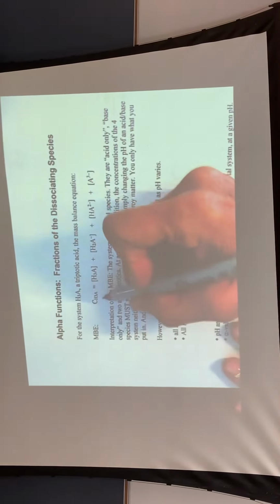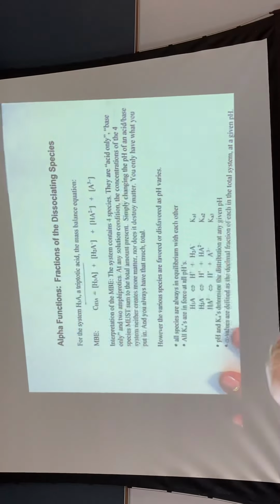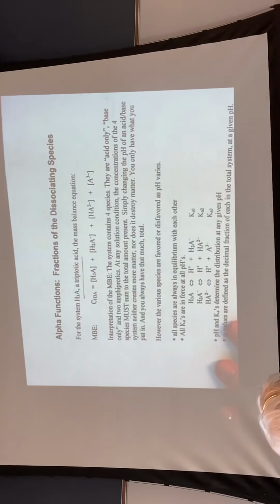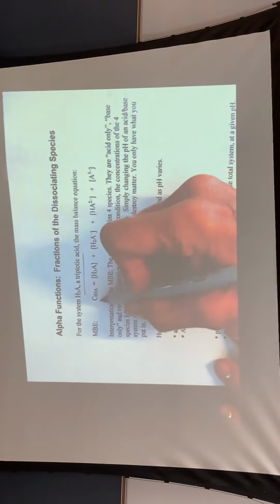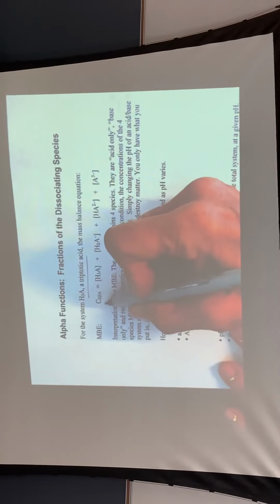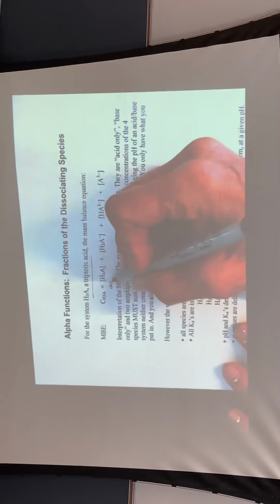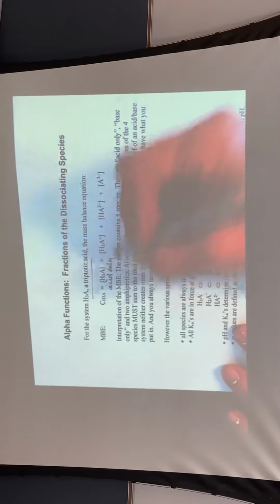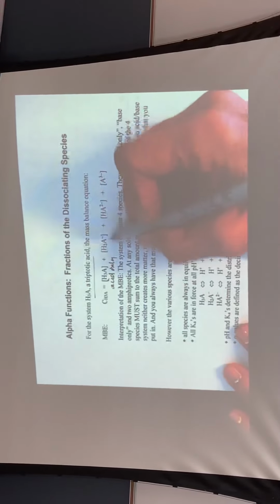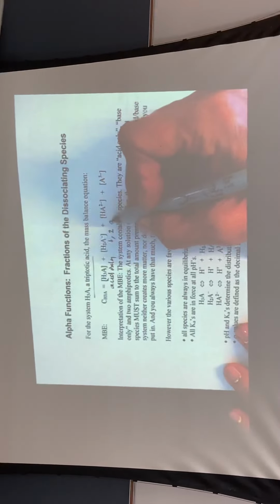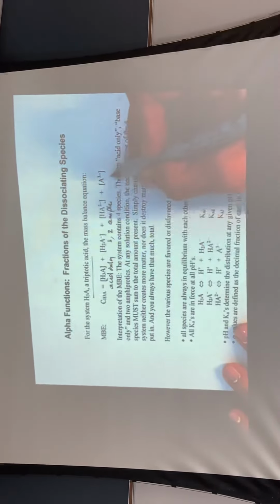So my mass balance equation for a triprotic acid system. Here, this is talking about the total system, the total analytical concentration. This triprotic acid can be the acid only. It can be the first or second amphi. It can be the base only.